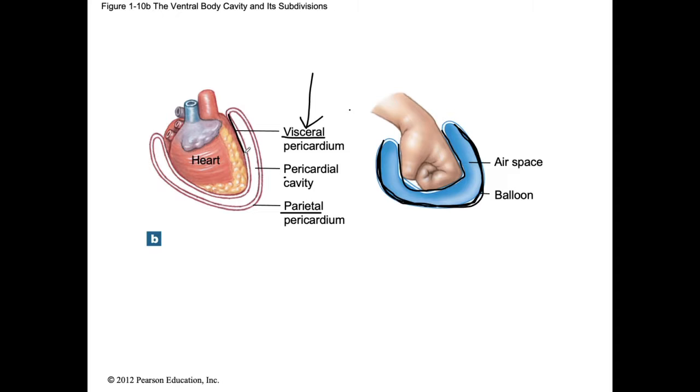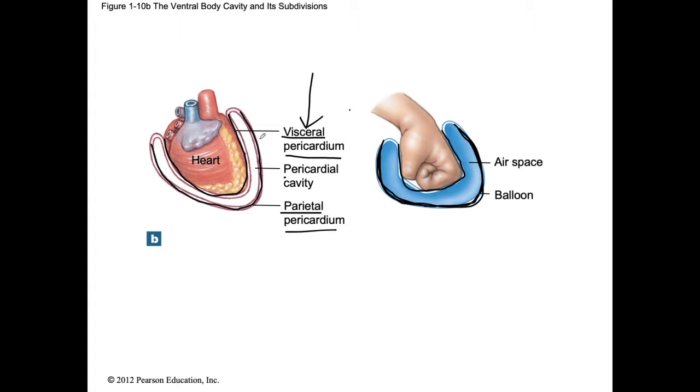The visceral layer comes into contact with the viscera, which is the organ. In this case, it's the heart. So we call it the visceral pericardium. Peri means around. It's going around the heart. Then we have the outer portion this way, which is the parietal pericardium.